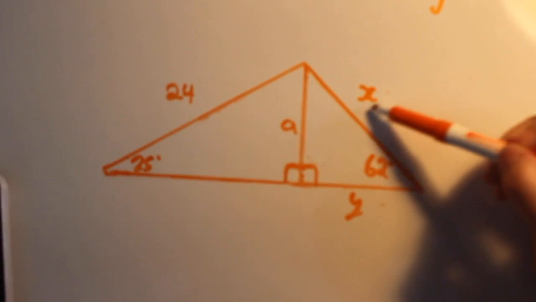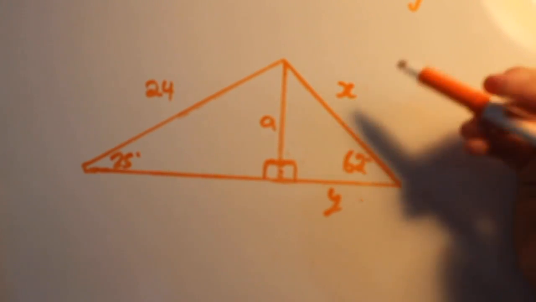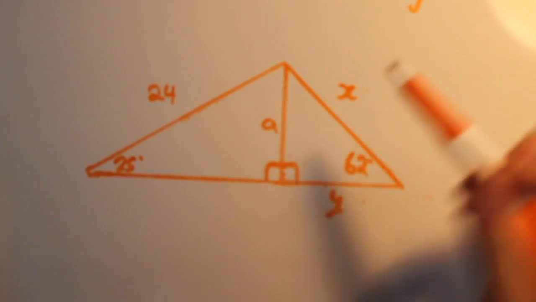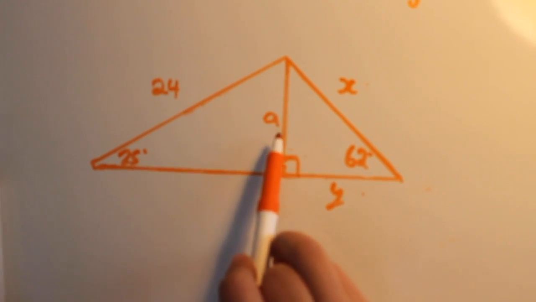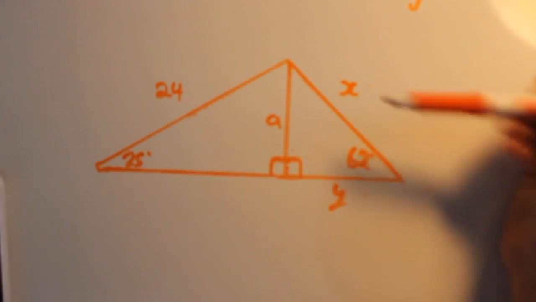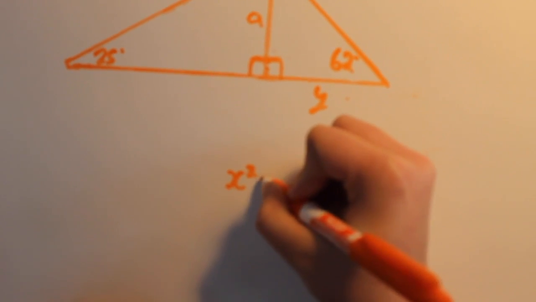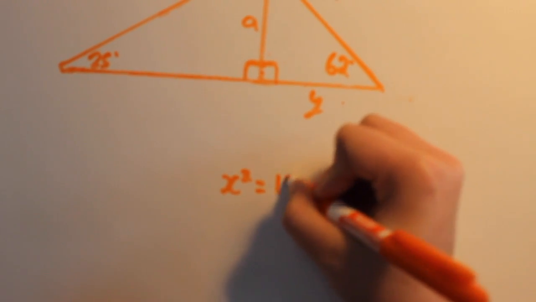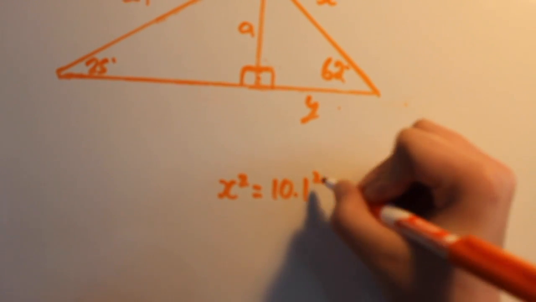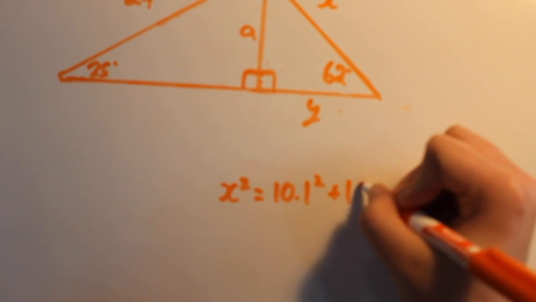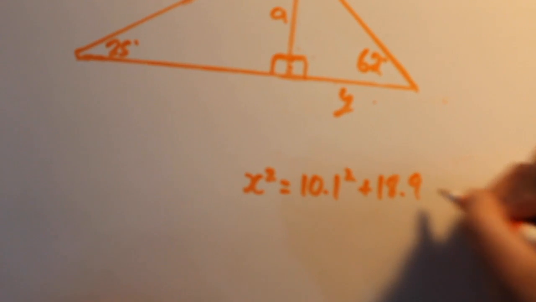This leaves us with one variable left to solve, which is x. So I'm going to use the Pythagorean theorem to figure out x. So x squared is equal to 10.1 squared plus 18.9 squared.